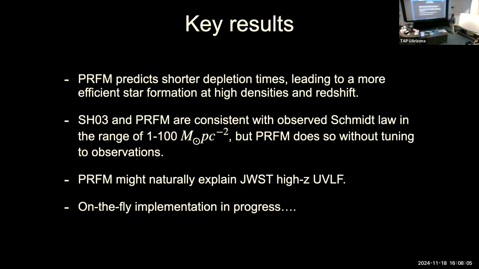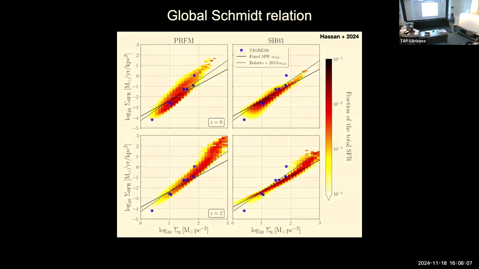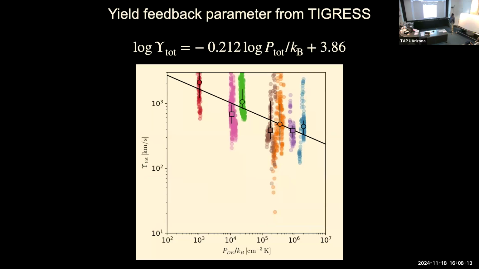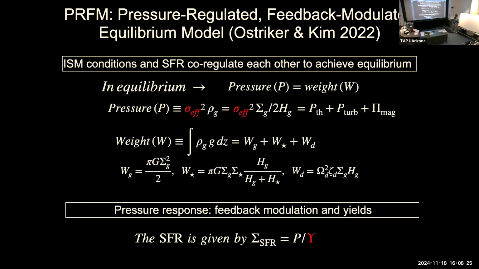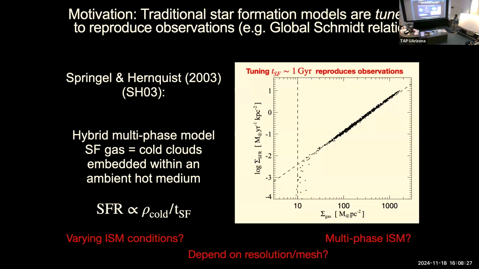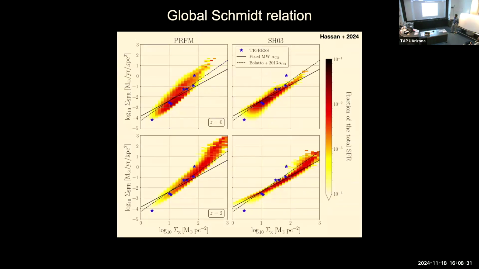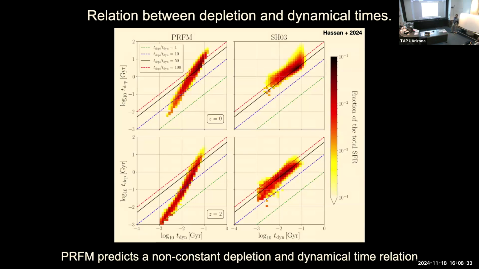Yeah, I think this is mainly coming from many places. The first thing is that when the feedback has this inverse relation with the pressure, that impacts your prediction for star formation. That is definitely one thing. The other thing is the relation between the dynamical time and the depletion time.